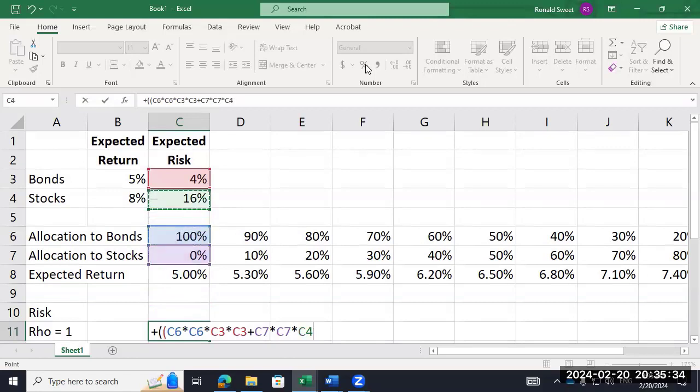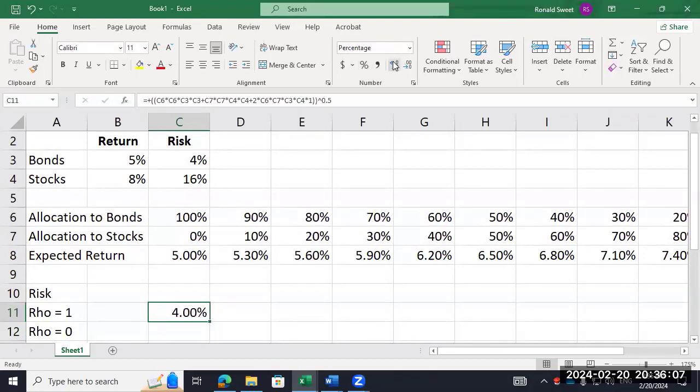Times the risk of B squared. Everybody with me? Plus what? Think college, high school algebra. 2 times weight of A times weight of B times risk of A times risk of B times what? Correlation. Take the square root of all of that. Now in this first one, the risk probably should be 4% because we're 100% in bonds.